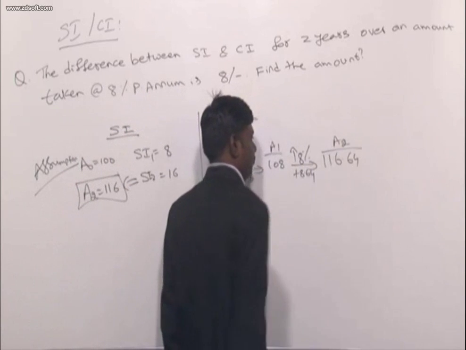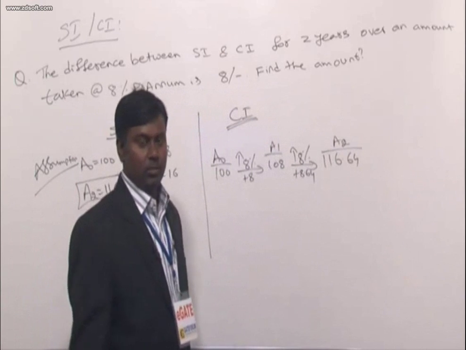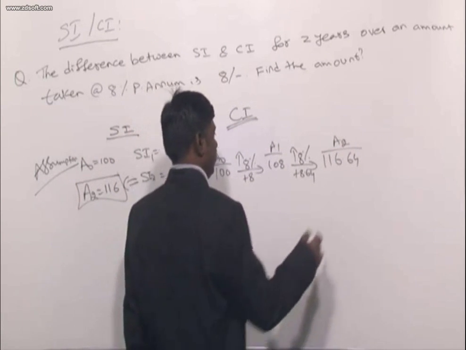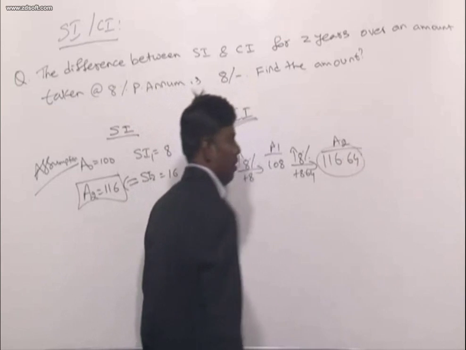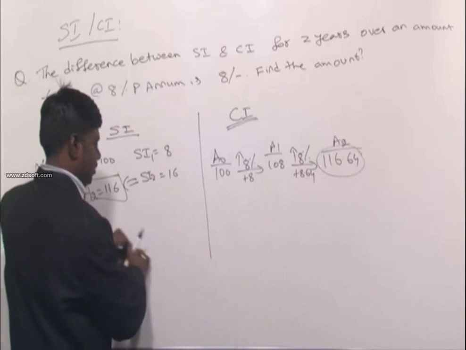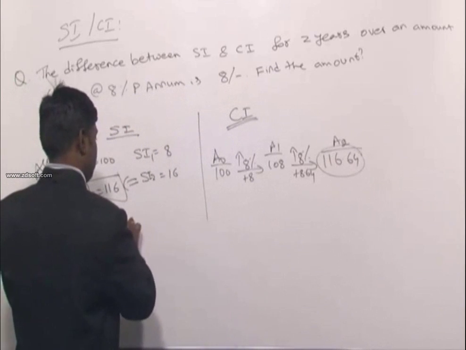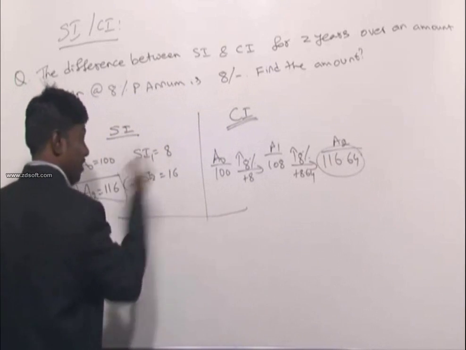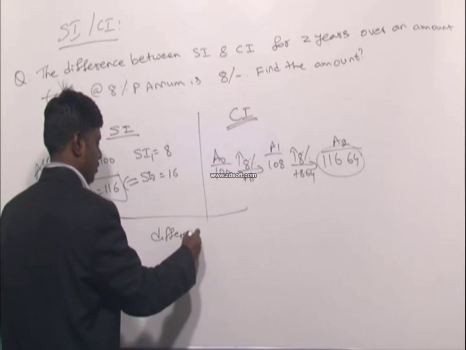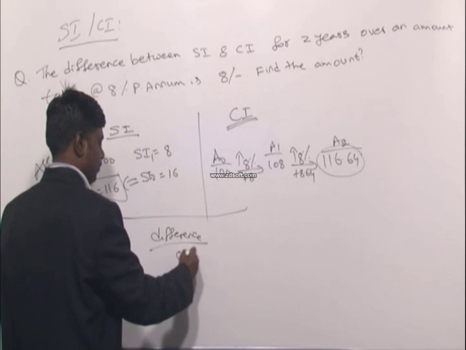That is A2. So what do you observe? At the rate of compound interest it is 116.64. At the rate of simple interest it is 116. Right? Combining these two, what do we get? Difference between amounts. What is the difference between amounts? 0.64.